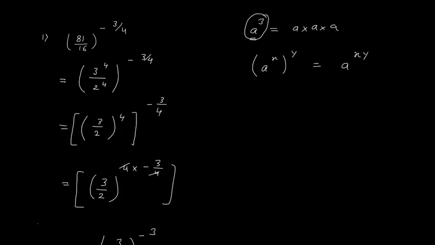Similarly, if we have a^(-x), then this becomes 1 upon a^x. I will reciprocate this part. Reciprocal of a is 1 upon a, so it will become 1 upon a^x. So here we have used this concept, okay, and this concept.